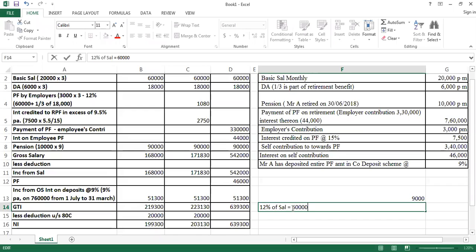He has received 60,000 rupees, plus he is receiving DA of 18,000 rupees. We have to consider only 1/3 of it. 1/3 is nothing but 0.33, or you can directly take it as 1 divided by 3.